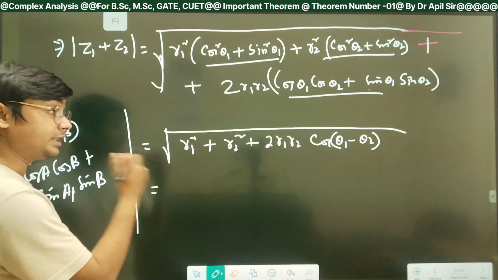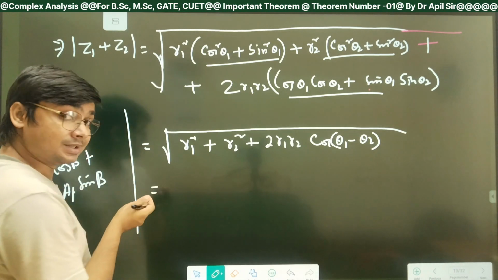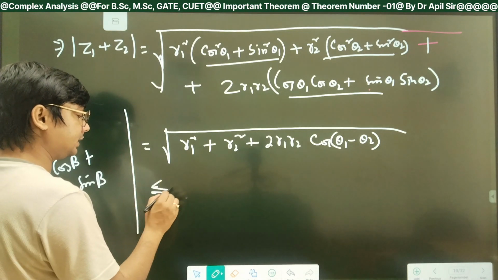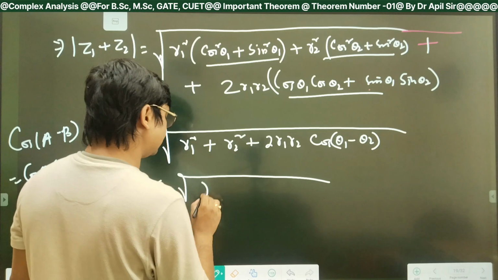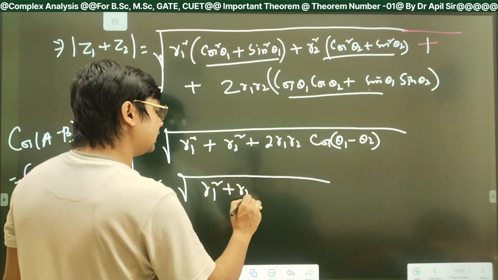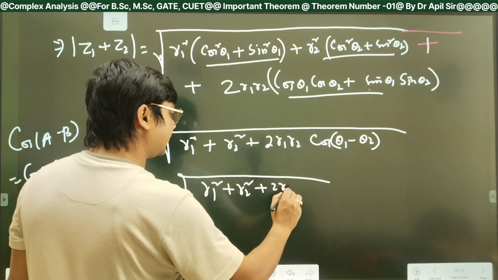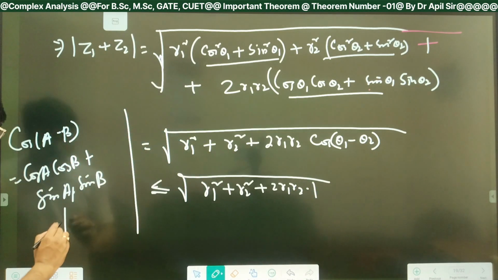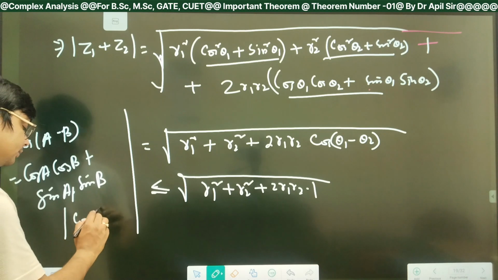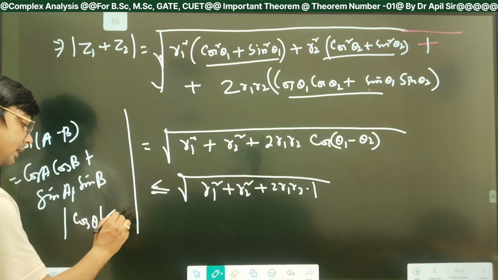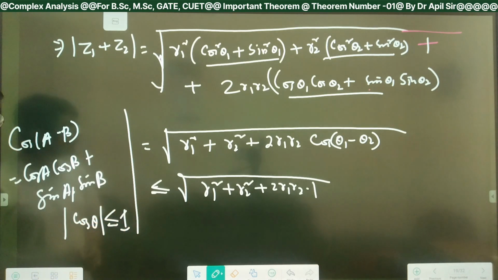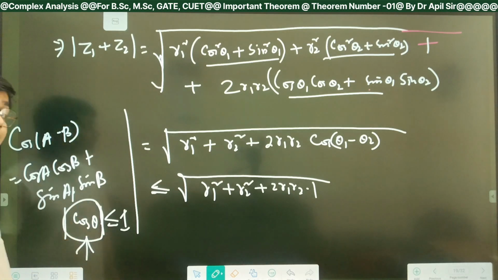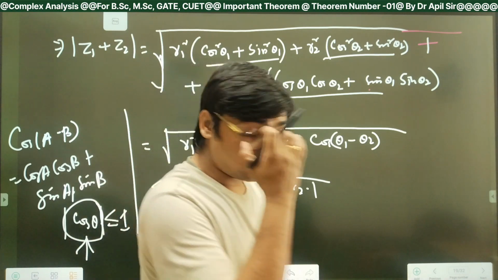Now this value will be less than or equal to the root of R1 square plus R2 square plus 2 R1 R2 into 1. Why? Because the maximum value of cos theta is 1.